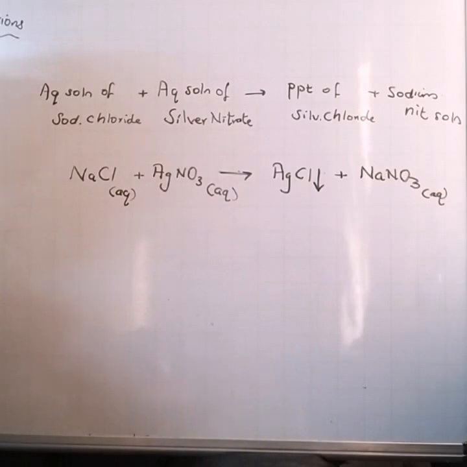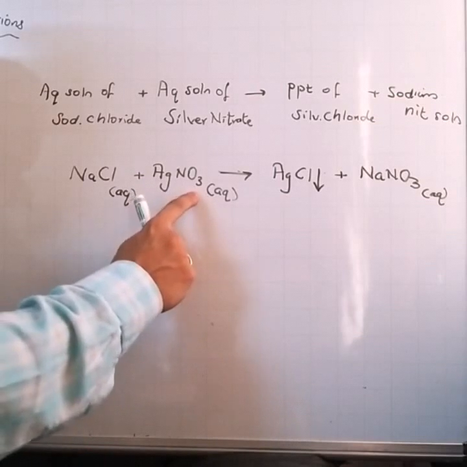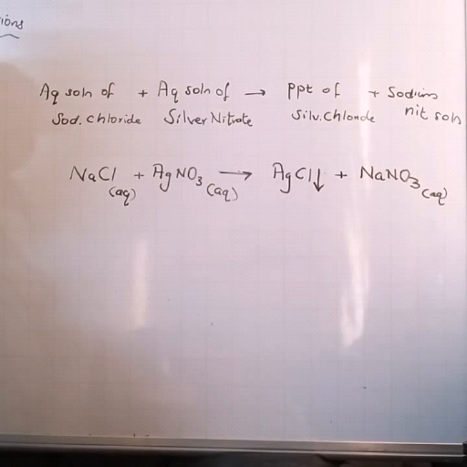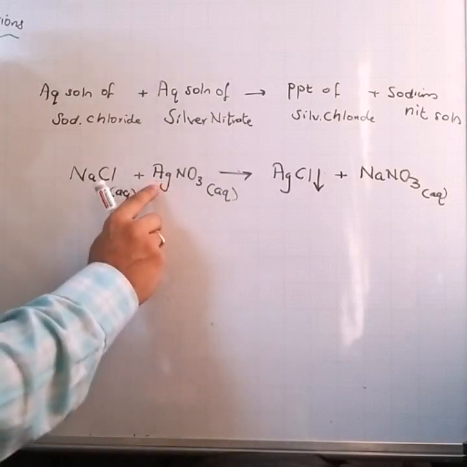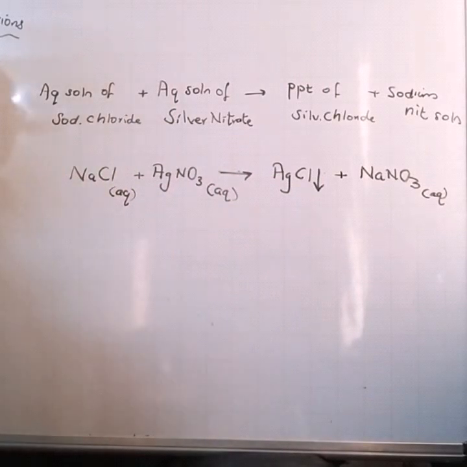Now here we'll check whether the atoms are equal or not. First of all, look at the atoms which are maximum in number. Oxygen, right? Oxygen here 3, over here 3. Correct? Balanced. Silver is 1 atom here, 1 atom over here. Balanced.